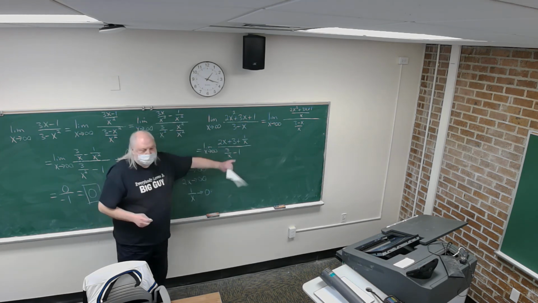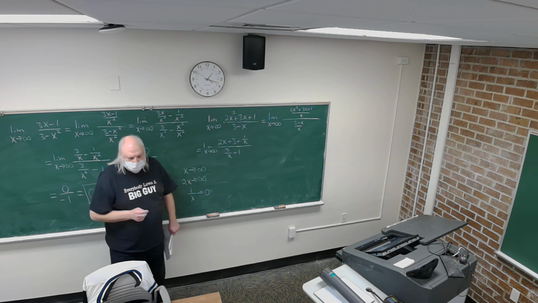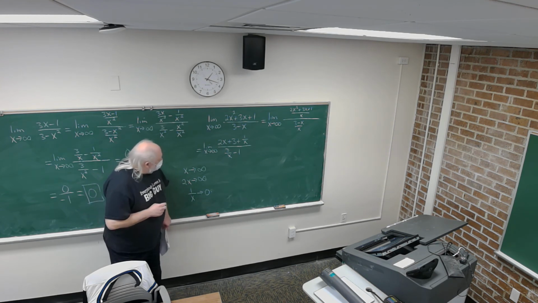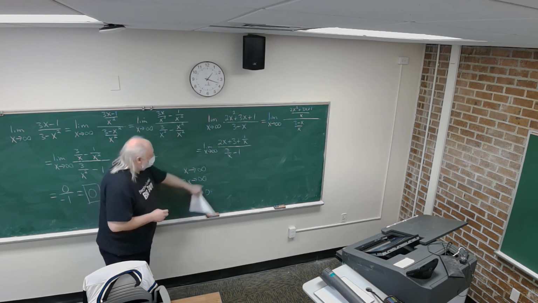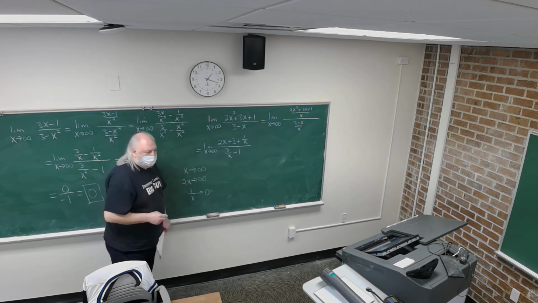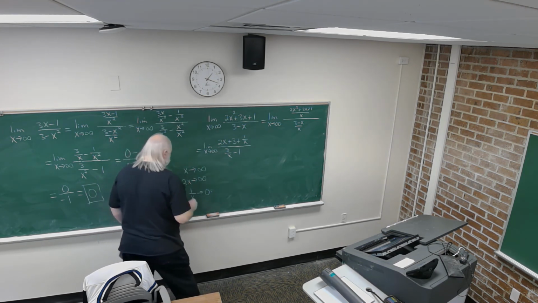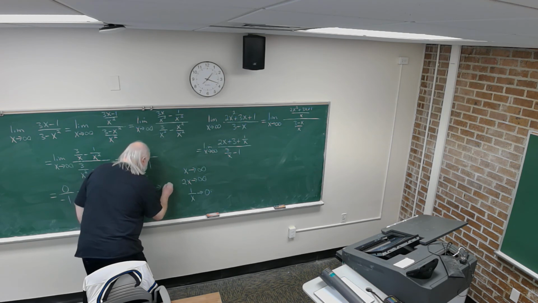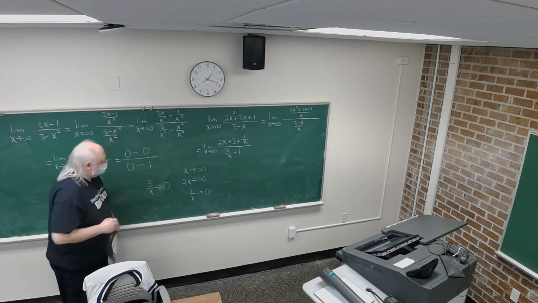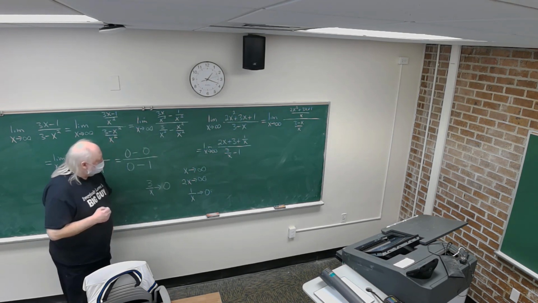And the limit of a constant is just itself, right? So the numerator, oh, well, let's do one more. And then the denominator, 3 over x goes to 0. 3 over x goes to 0 as x increases without limit.